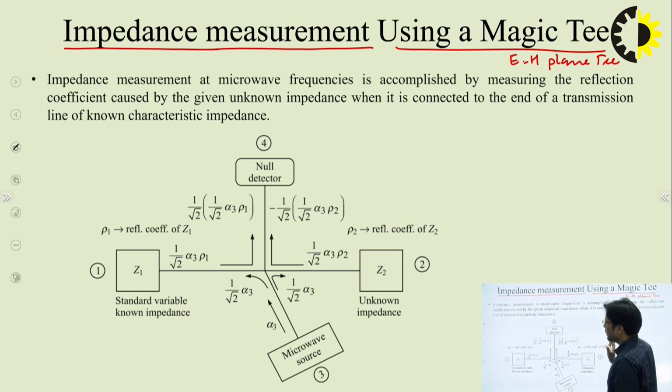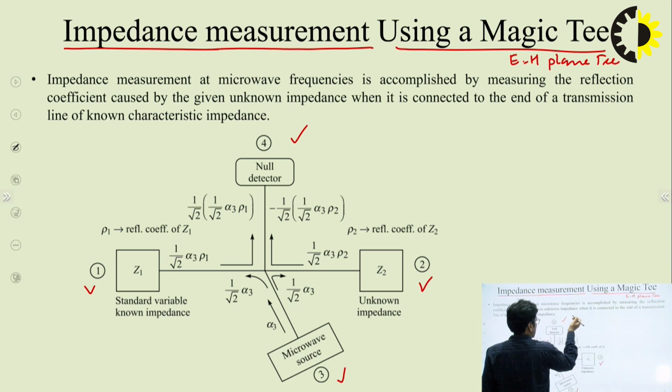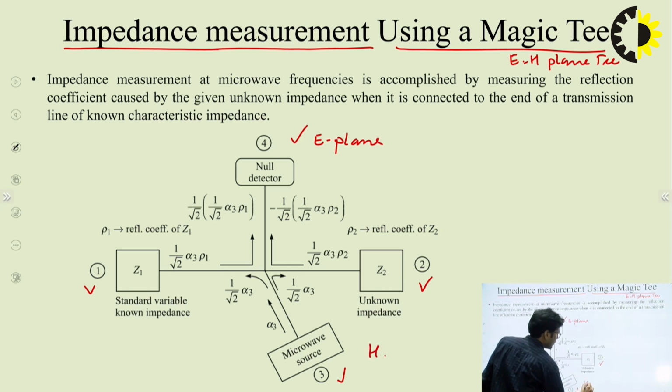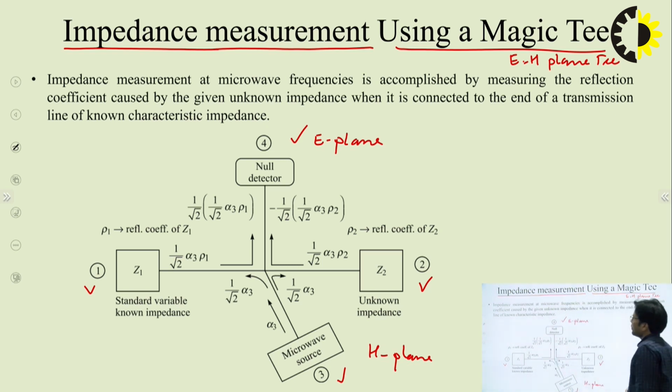So hybrid tee is a 4-port device. Here we have mentioned the 4 ports, port 1, port 2, port 3 and port 4. Here port 4 is the E plane and port 3 is the H plane, right? So to measure an unknown impedance, this is the setup that we need to create.